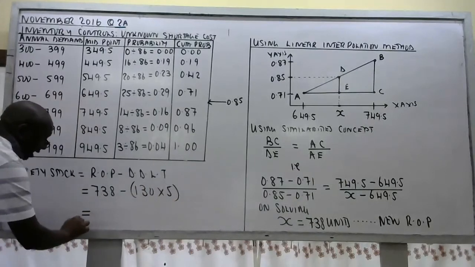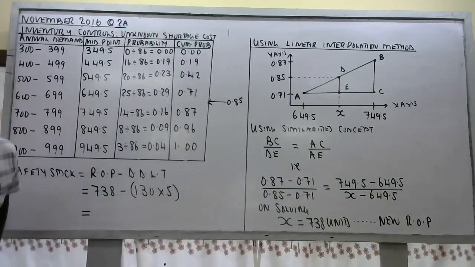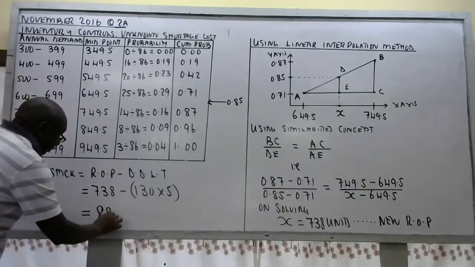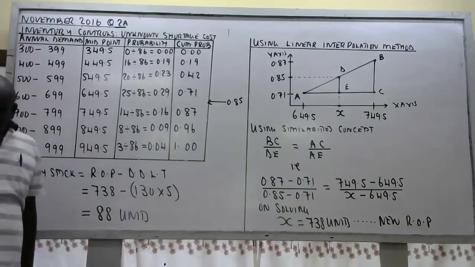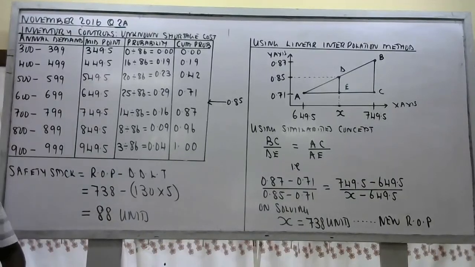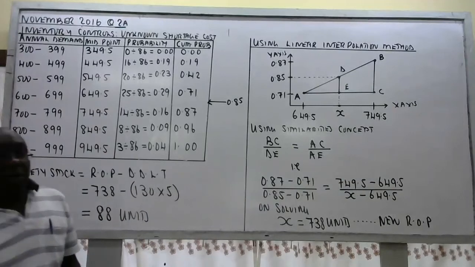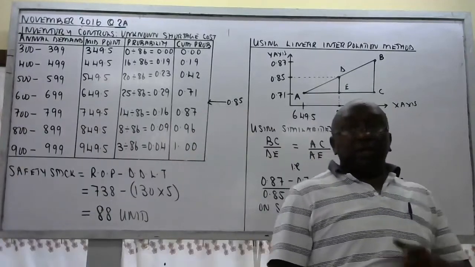So when you do that, the safety stock that you should get is supposed to be 88 units.